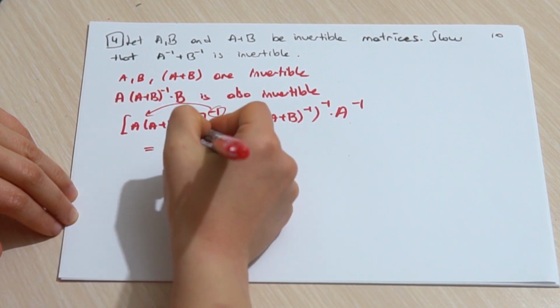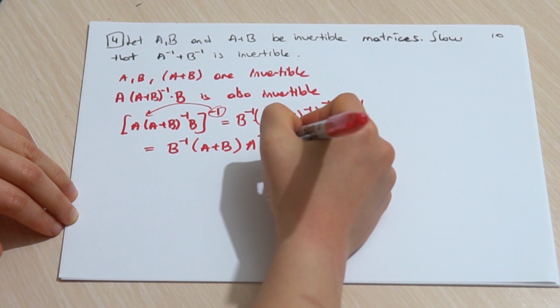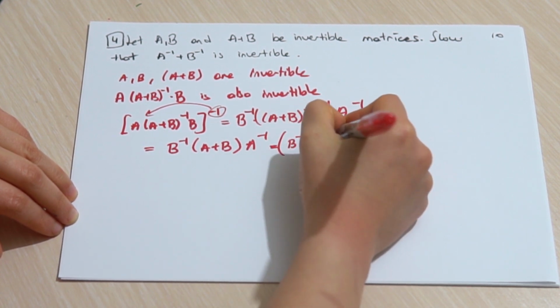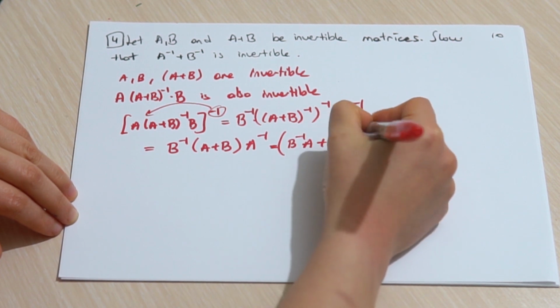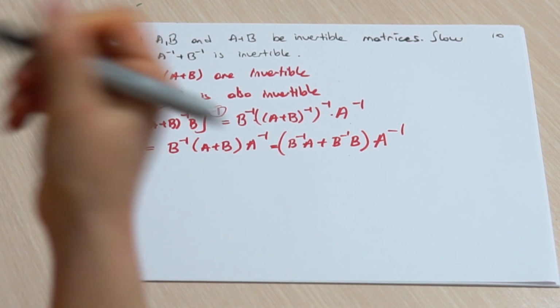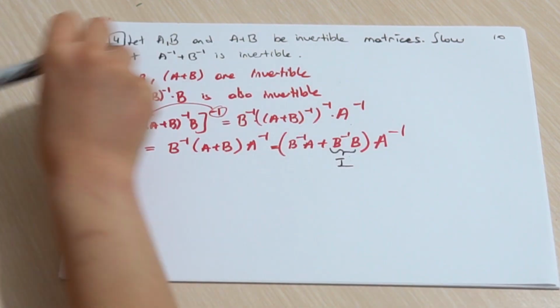So this is equal to, when we take B inverse inside, I have B inverse A plus B inverse B times A inverse, right? Now, we know that B inverse B is the identity, right?